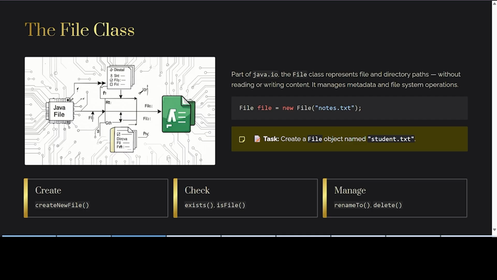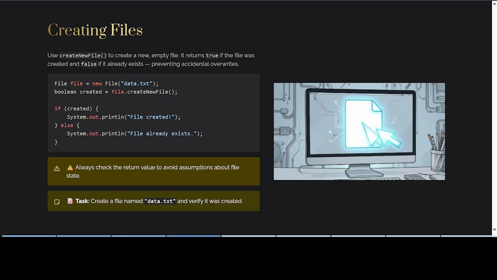Now we are going to see another concept, creating files. You guys may not know how to create files, right? Creating a file is nothing but using the syntax I already mentioned: you create a new File object, and that is how you easily create your file.